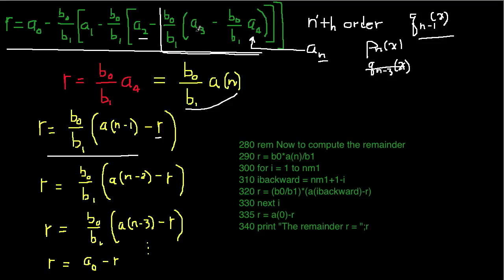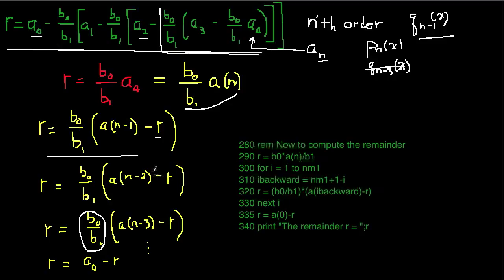And we keep going on using this pattern of calculations over and over again. Now, when we get to the very end, the last estimate for r is different, because the last estimate for r is just simply a0 minus the previous estimate. We don't multiply by the b0 divided by b1 for this last estimate.